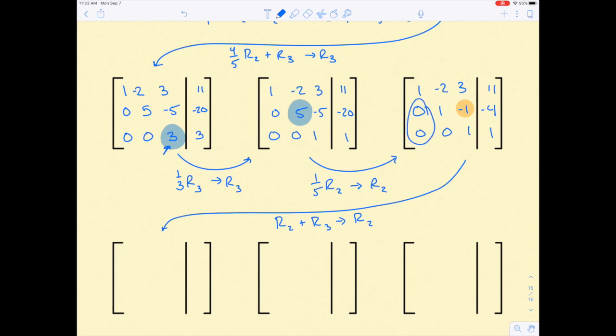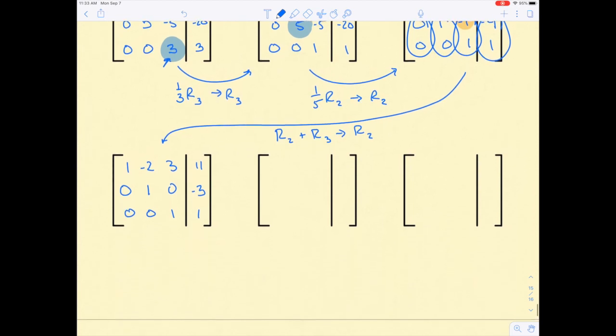So add these two together and put it in the second row. Again and again. And the first and the last haven't been modified. Now look, I have a second answer. My y value is -3. So I have 2 of my 3 variables already. Great, let's finish this thing out.